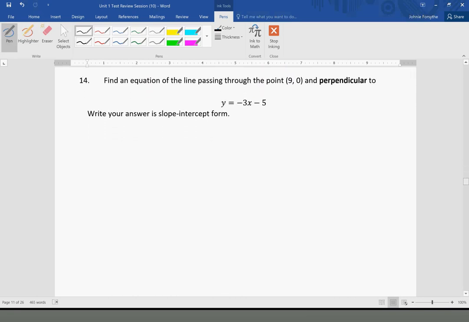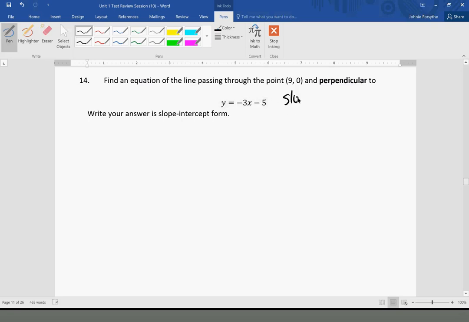Okay, number 14. Find the equation of the line passing through the point 9, 0 and perpendicular to y equals negative 3x minus 5. So this is already in slope-intercept form, so we don't have to do a lot of work to get the slope.